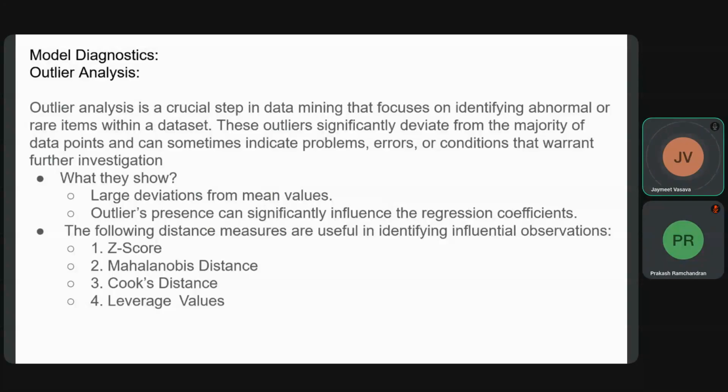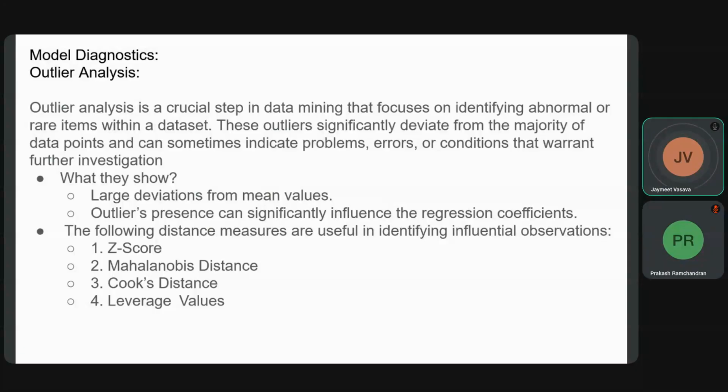Outlier analysis is a crucial step, as it can reveal important items within the data set. These outliers significantly deviate from the majority of the data points and can sometimes indicate problems, errors, or conditions that warrant further investigation. What do they show?